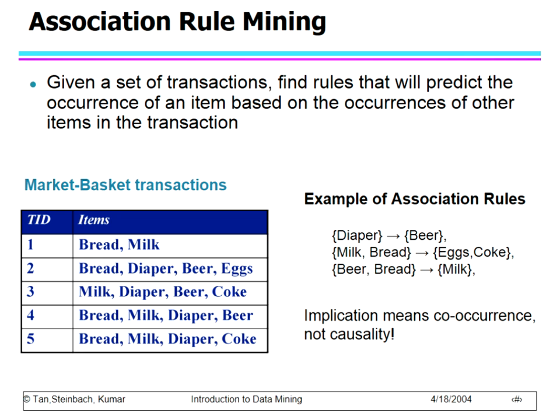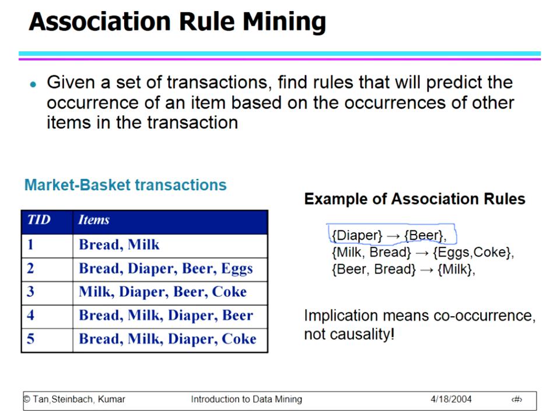For example, for this association rule, yes, diaper implies beer. That means if we buy diaper, we will buy beer. This is an example of an association rule.